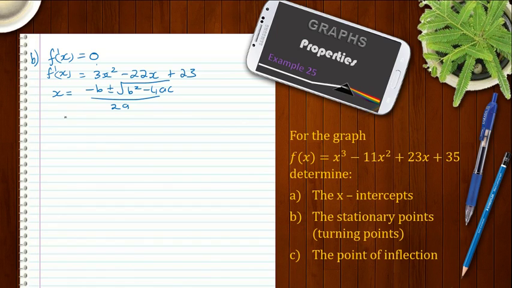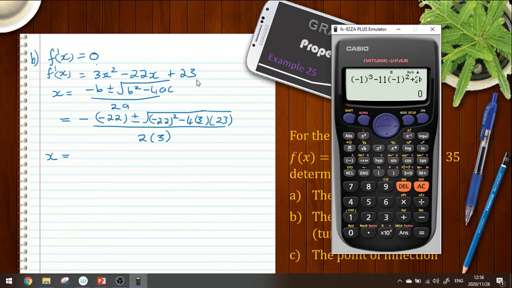So this is equal to negative, so this is negative 22 plus or minus the square root of negative 22 squared minus 4 times 3 times 23, over 2 times 3. Okay, so now I'm just going to substitute this into the calculator.